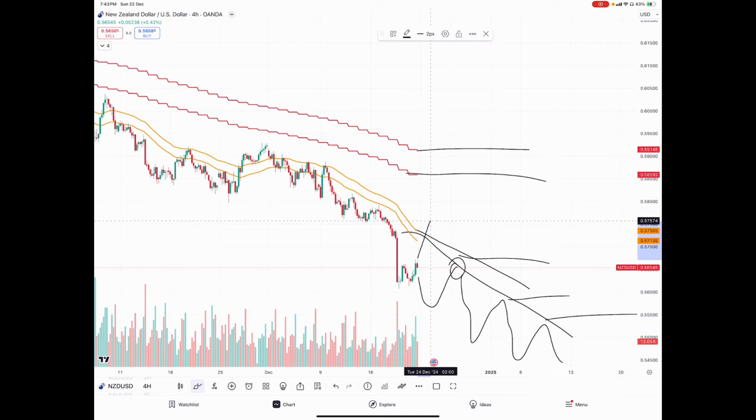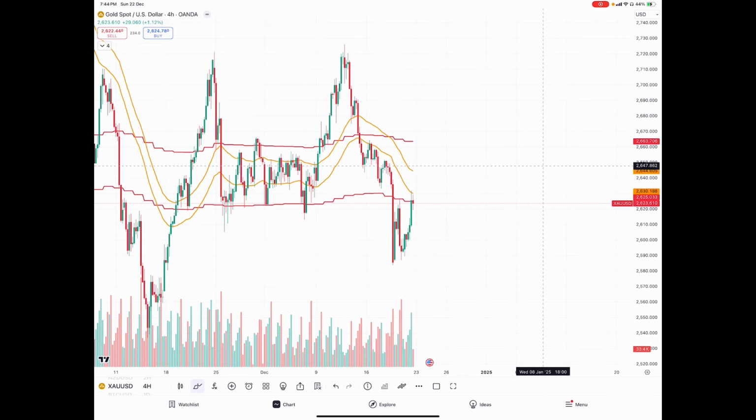It gaps up. We'll wait for the opportunity. We'll wait for it to touch and reverse, and then we'll take a trade with this being the stop loss. So New Zealand dollar and US dollar, Australian dollar and US dollar, British pound and US dollar, these three pairs always trend the same way.